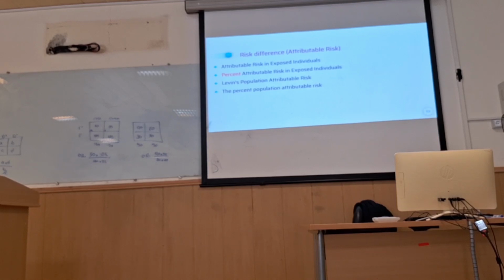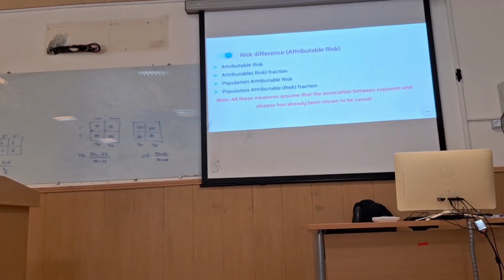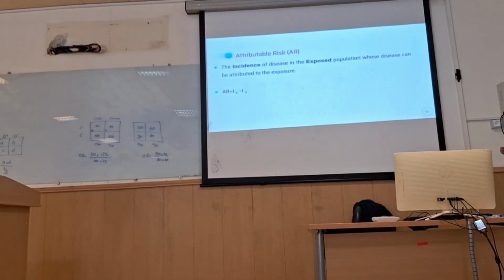Okay, attributable risk. What is attributable risk? Attributable risk is the incidence of disease in the exposed population whose disease can be attributed to the exposure.